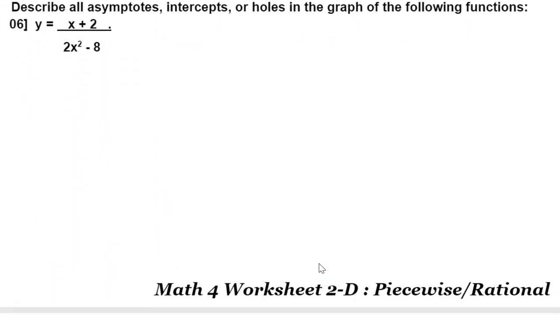All right, we're going to do one more, and then we're going to go to a different. We're going to split this up into 2 videos. All right, guy on the bottom, 2x squared minus 8 can be 2 times x squared minus 4, which can be 2 times x plus 2, x minus 2.